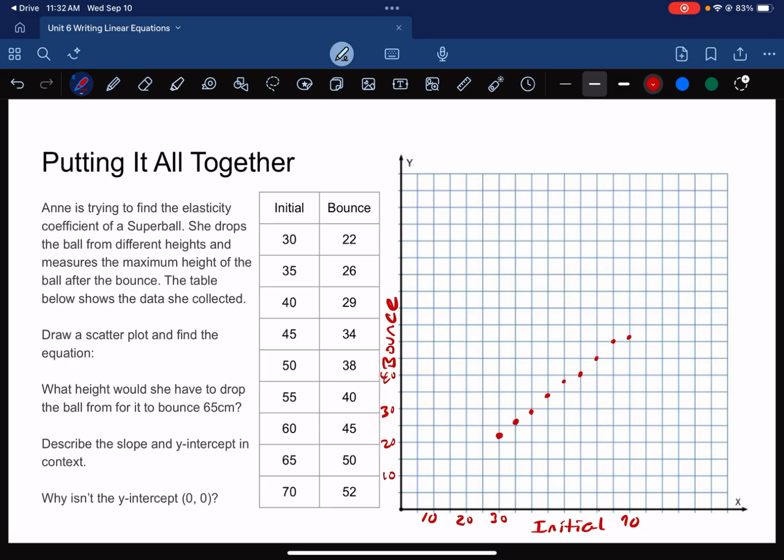All right. So there's some good points in there.